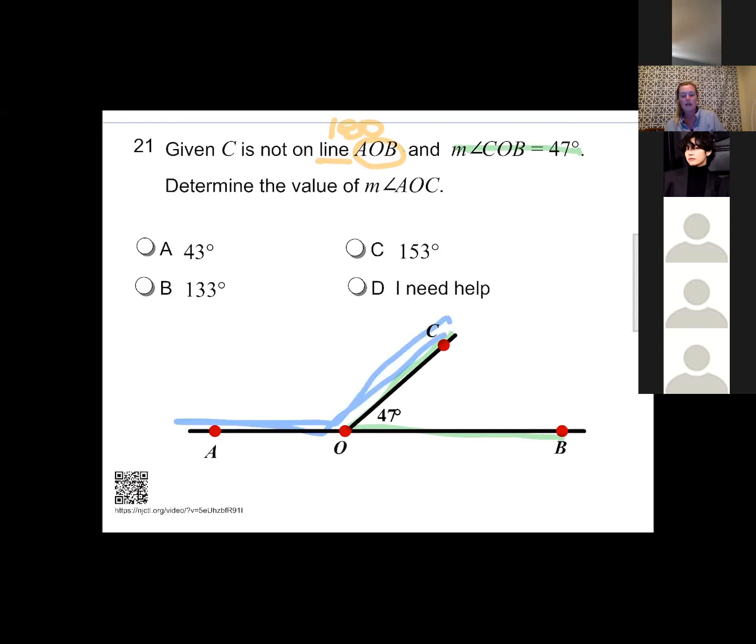This whole entire line, which I can outline in orange here, is 180. So all you're going to do is take 180 and subtract out 47, because you know the whole thing is equal to that. Do we have any questions on that? Let me get her to play this for you.